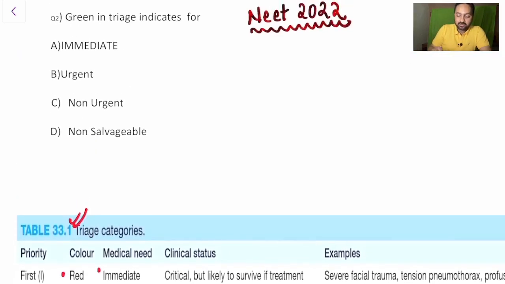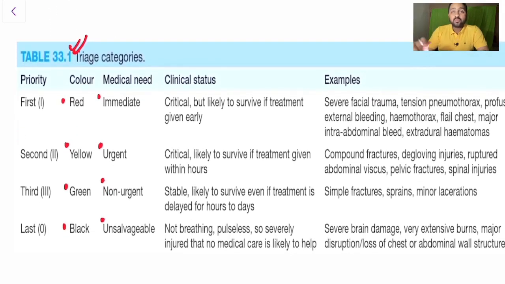So the question asked over here was regarding green, which is non-urgent. Now a few important points regarding the clinical status and examples. Green is stable and likely to survive even if treatment is delayed for hours to days. In contrast, red is critical but likely to survive if treatment is given early, like severe facial trauma and extradural hematoma.